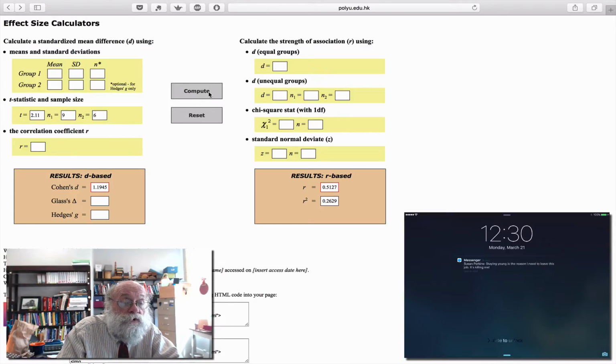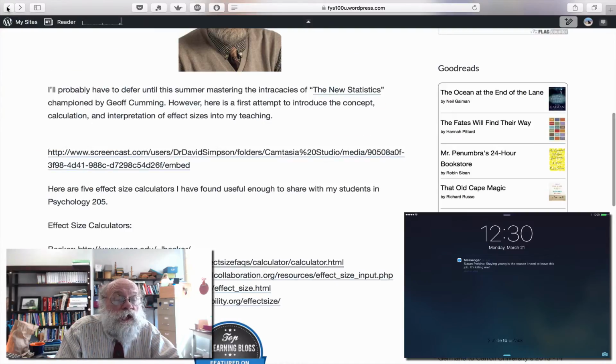And I do a compute. Here's another way to get Cohen's d. It's just a little bit different because of rounding, but that 1.19 is very close to that 1.21.